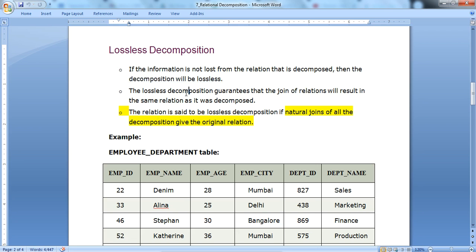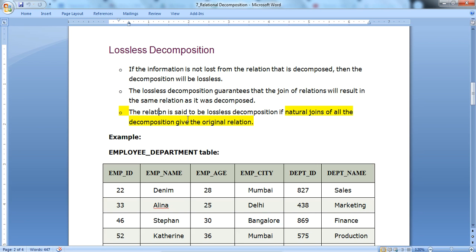The lossless decomposition guarantees that the join of the relations will result in the same relation that was decomposed. It means if we decompose a table for a better design, then the reverse of that decomposition gets the same information as the initial one.